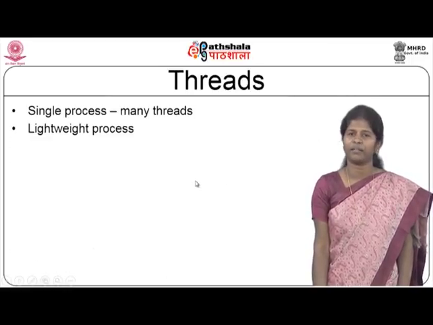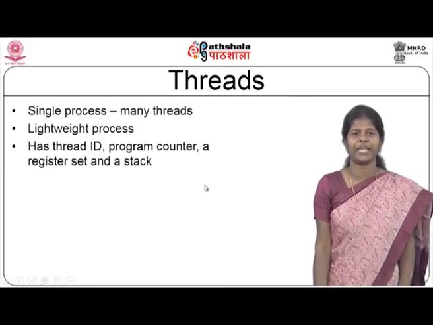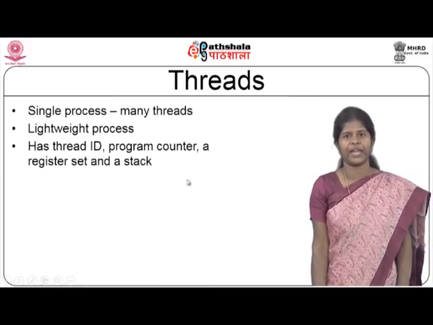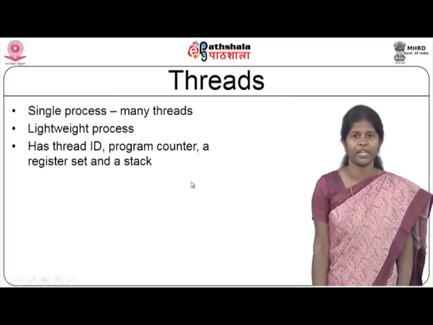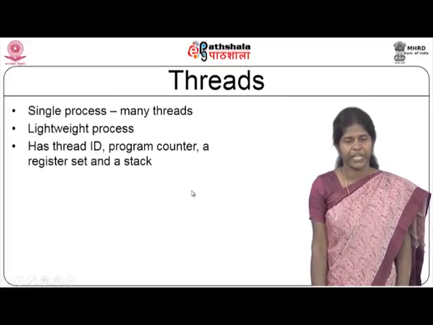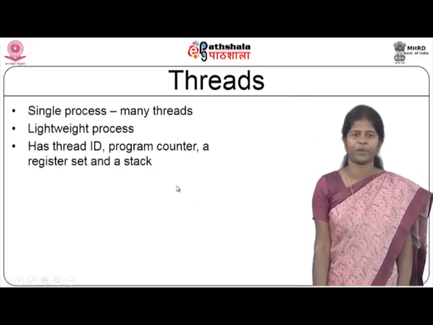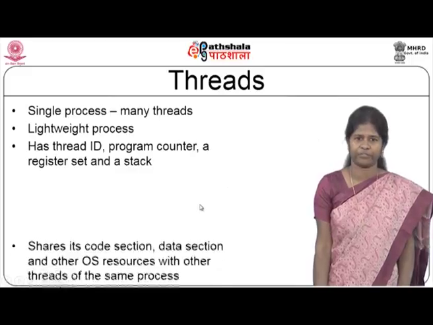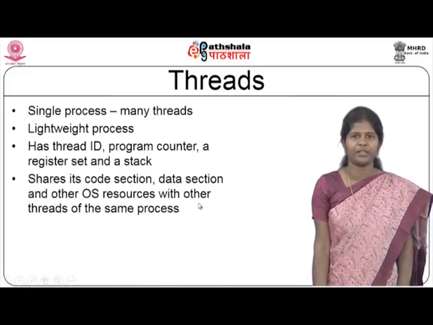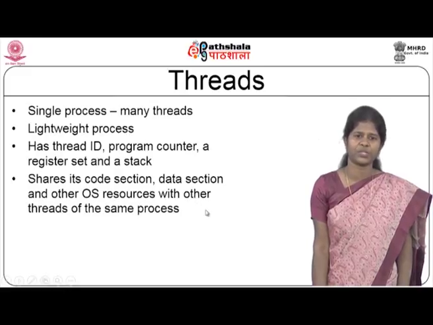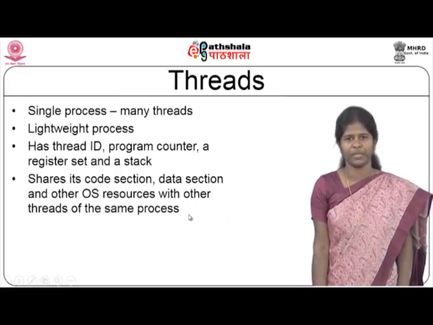So, these threads are called lightweight processes, and a thread will have a thread ID, similar to how a process has a process ID. It has a program counter, a set of registers and a stack all for itself. But it will share the code section, the data section and other resources with the other threads of the same process.